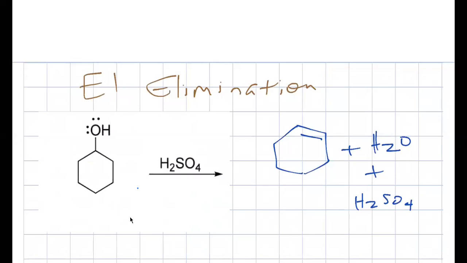The sulfuric acid is like a catalyst, right? You're always going to regenerate that. It's never going to be used up. If you remember when we made aspirin in Organic 1 lab last semester, one of the things we did was add 6 to 8 drops of sulfuric acid, even though it wasn't an elimination.